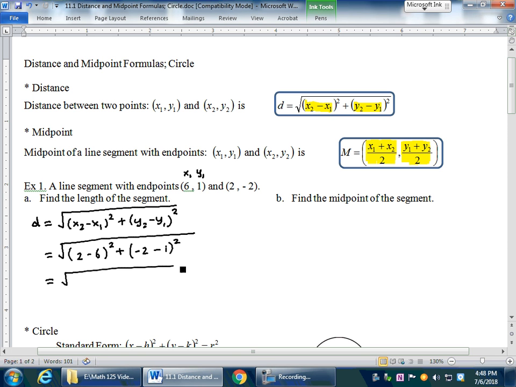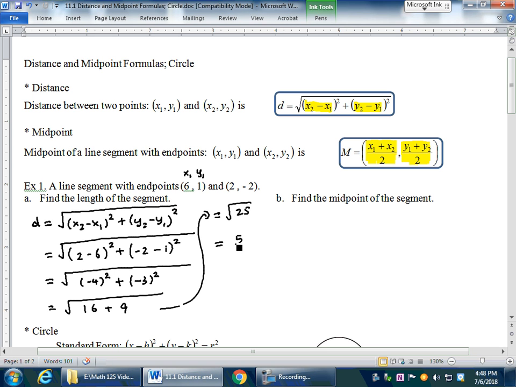Simplifying this gives me the square root of (-4) squared plus (-3) squared, which is the square root of 16 plus 9. That is the square root of 25, so my final answer is 5. Sometimes you may not get a good number like this, so you're going to have to simplify with radical expressions.